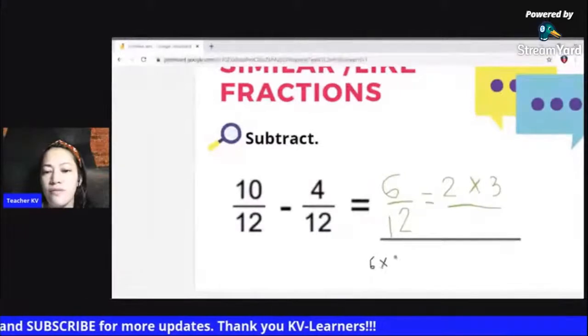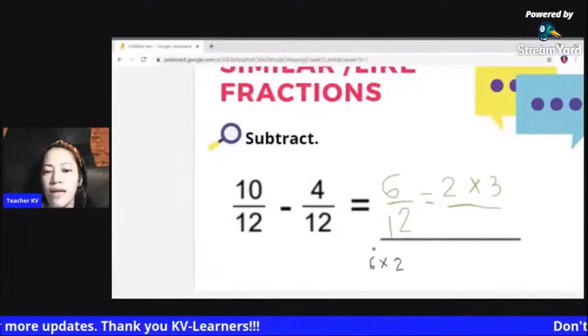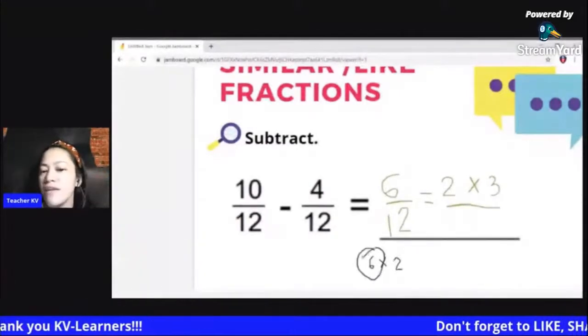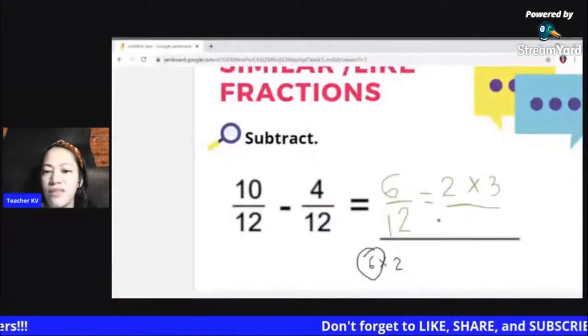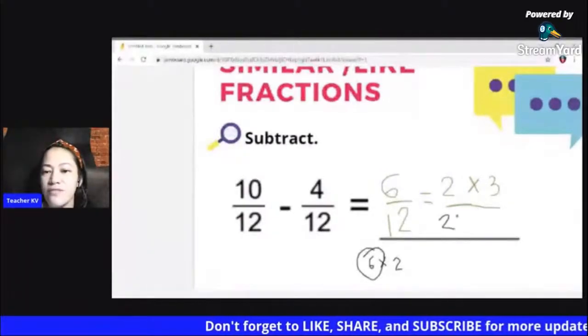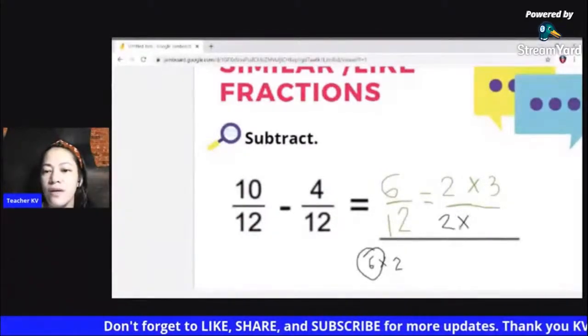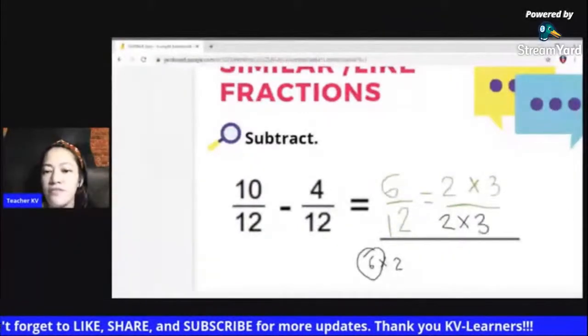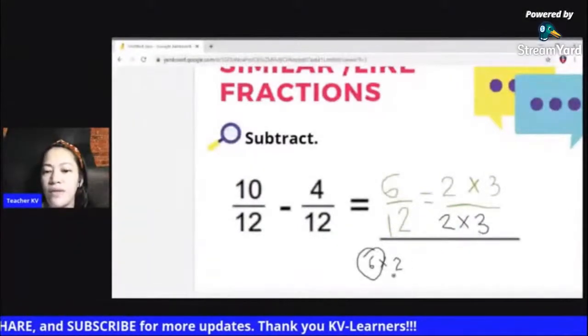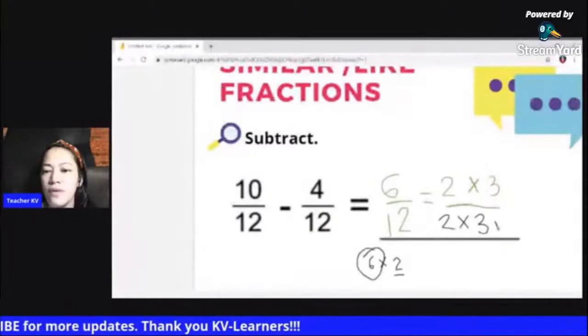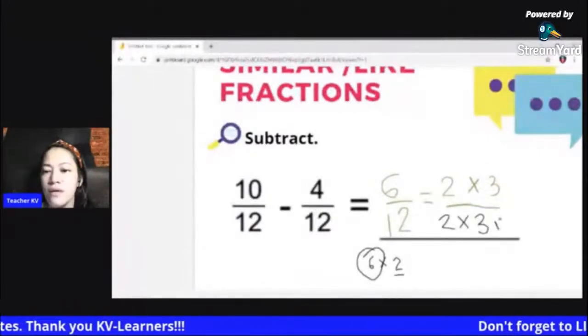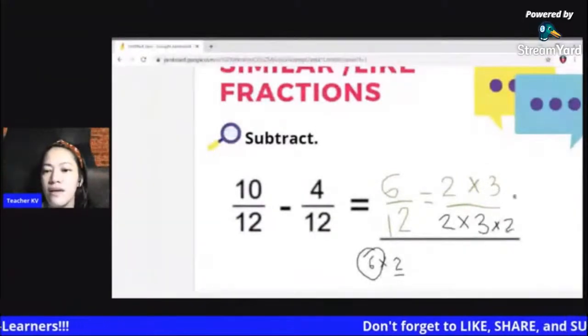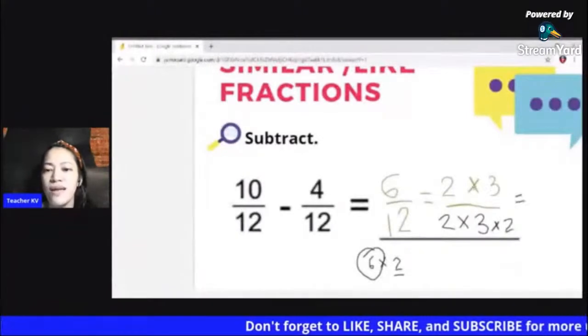Equals 12. So, our 6 we still need to factor. It becomes 2 times 3, which is equal to 6. So, 2 times 3, then we copy the remaining 2. So, times 2, 12. And then an equal sign.